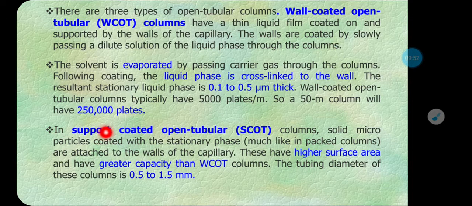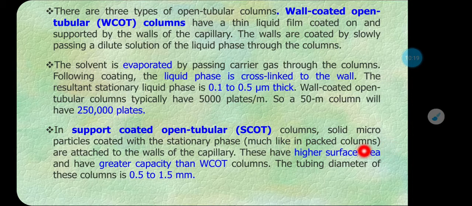Next open tubular column is the support coated open tubular column, shortly we say SCOT column. Solid microparticles coated with a stationary phase are attached to the wall of the capillary. They have higher surface area and greater capacity than the WCOT column.